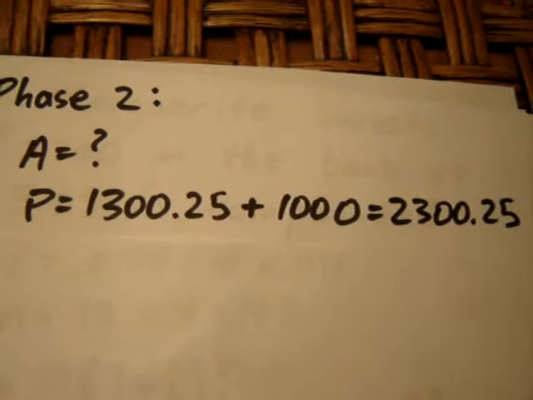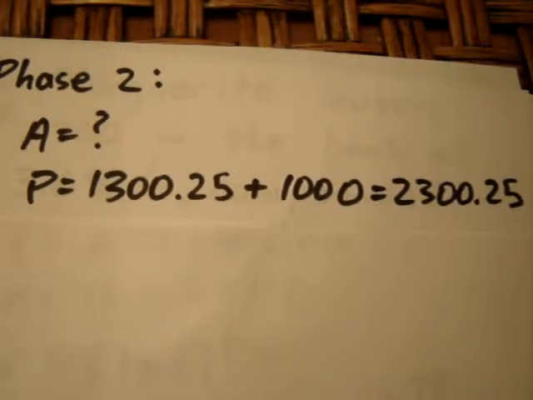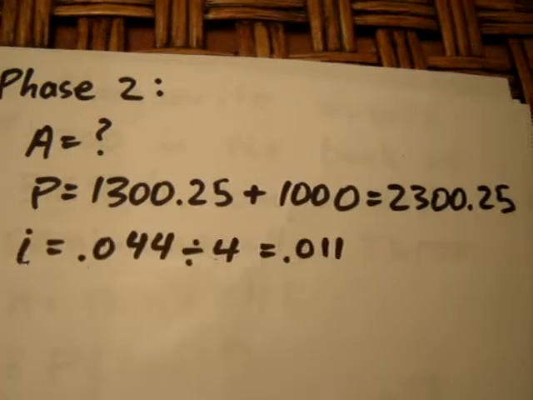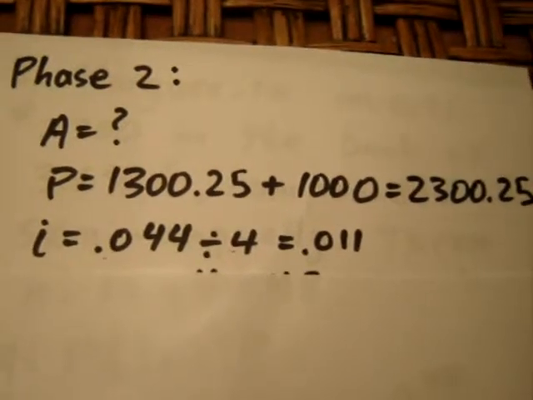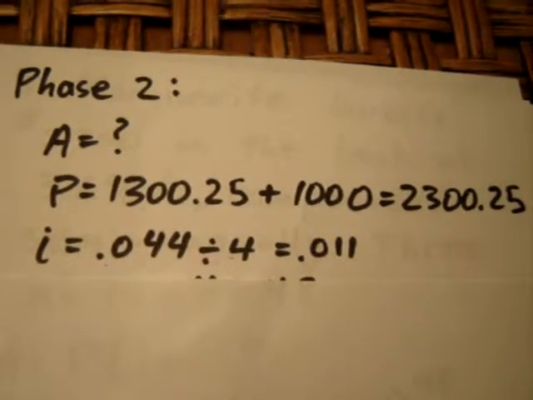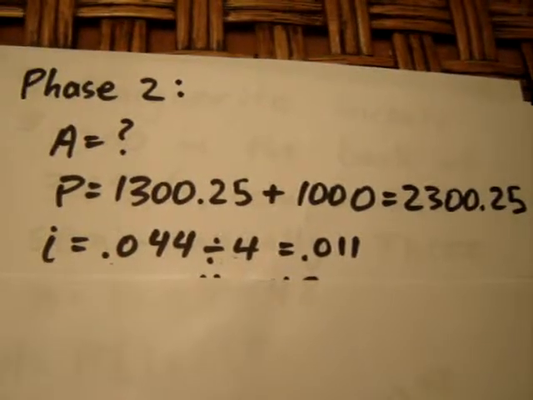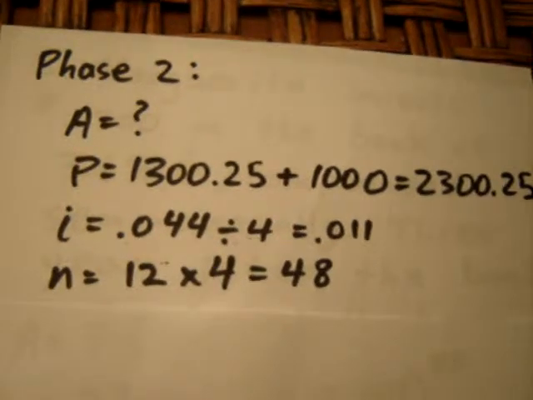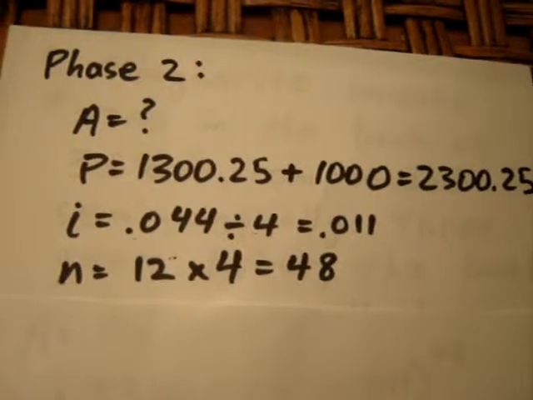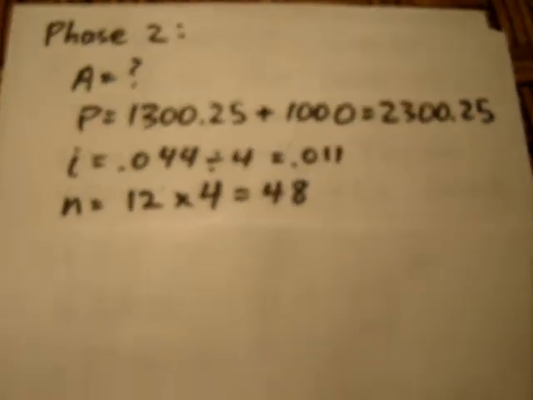Well, this principal will apply for the next 12 years because we're curious about how much he has on his 18th birthday. Little letter i is 0.044 divided by 4, which is 0.011, because of our annual interest rate and our compounding frequency, which is quarterly. And n is 12 times 4, which is 48, 12 years, because we're going from his 6th to 18th birthdays.